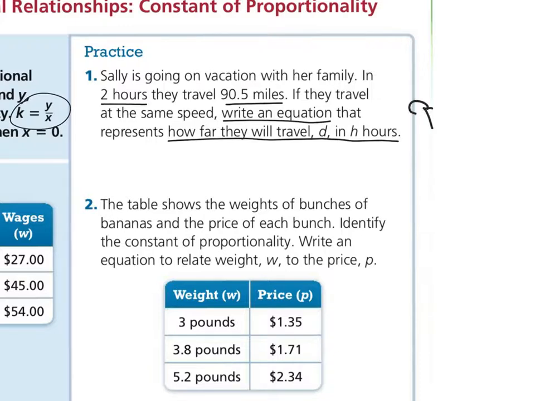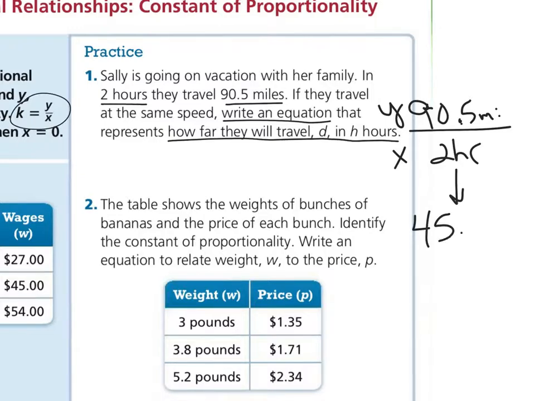So 90.5 miles divided by 2 hours. That's going to give us our miles per hour. And what we're saying by doing that is the miles is going to be like our y, and the hours are going to be like our x if we do y divided by x. So when you divide that out, you should get 45.25, or 45 1/4 miles per hour. And again, that's like our k value, right?